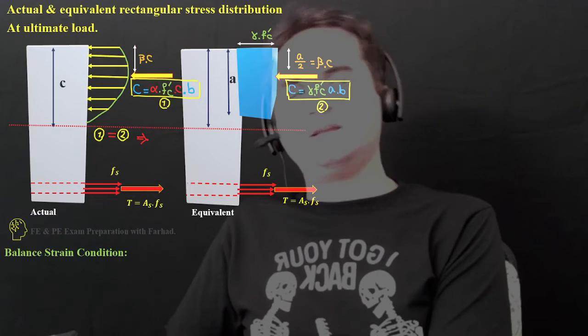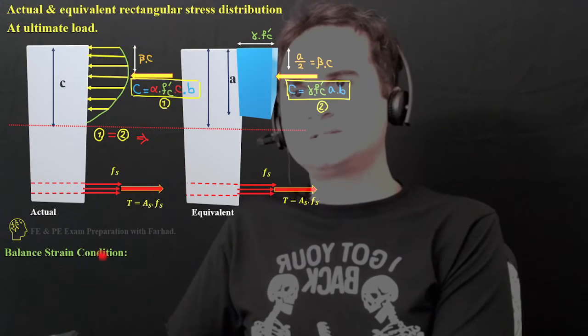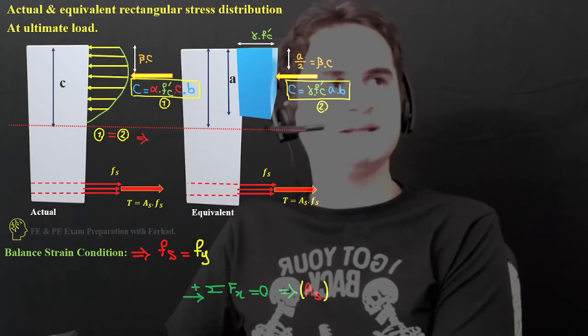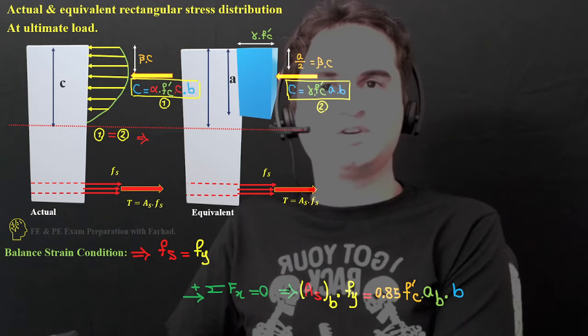Again, in the stress block at the balanced strain condition, Fs goes to yield Fy, and the summation of forces in the x direction is 0.